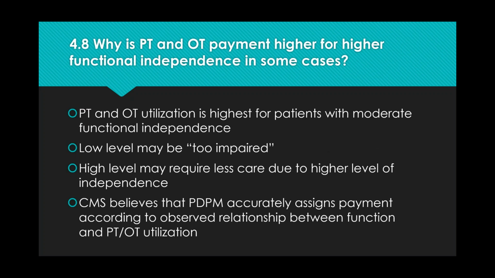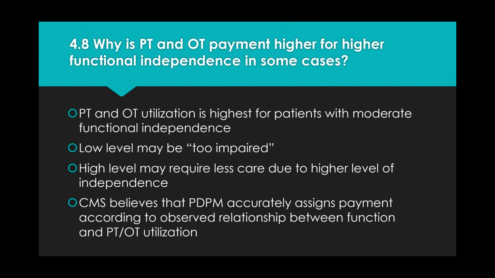Why is PT and OT payment higher for higher functional independence in some cases? The best way that I can explain this is if you picture a bell curve. Patients that are really low level or dependent aren't going to need as much therapy services, as opposed to patients that are very high level, who conversely might need less services.